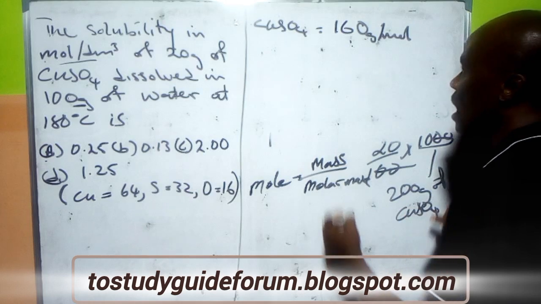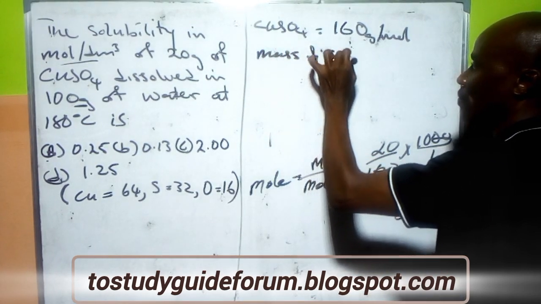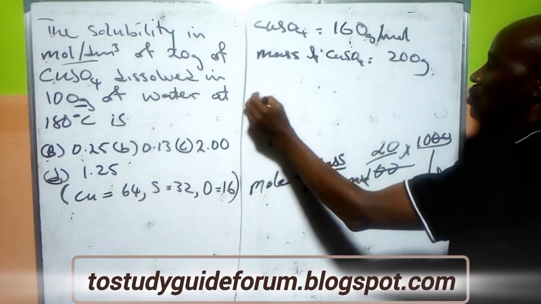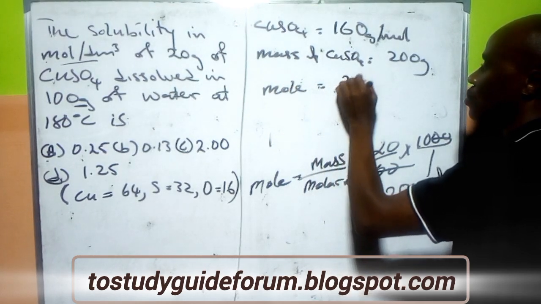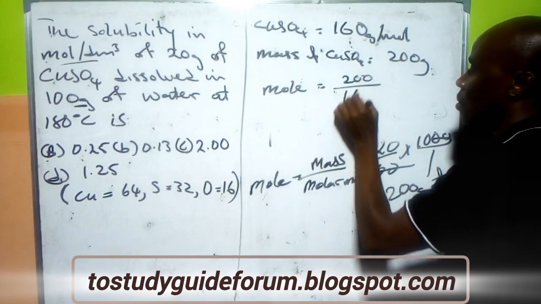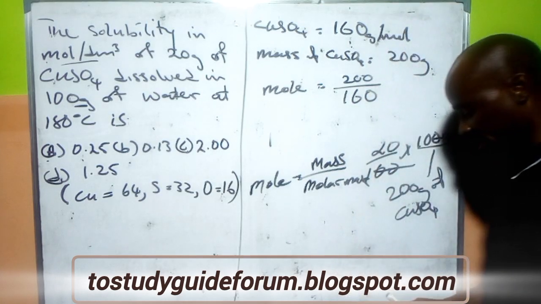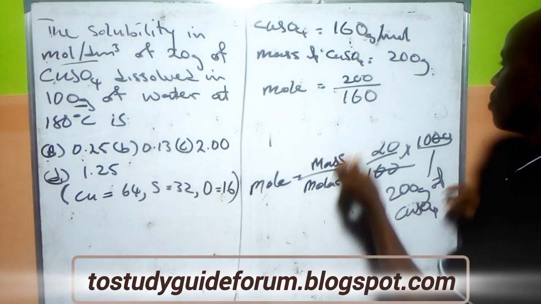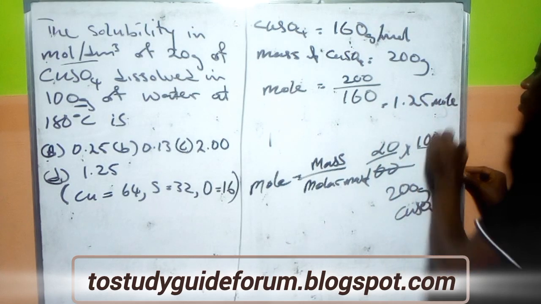So what next? We have the mass of copper sulfate in the solution, which is 200 grams. So the mole, which is the same thing as amount, is 200 over 160. Dividing 200 by 160, we have 1.25 mole.